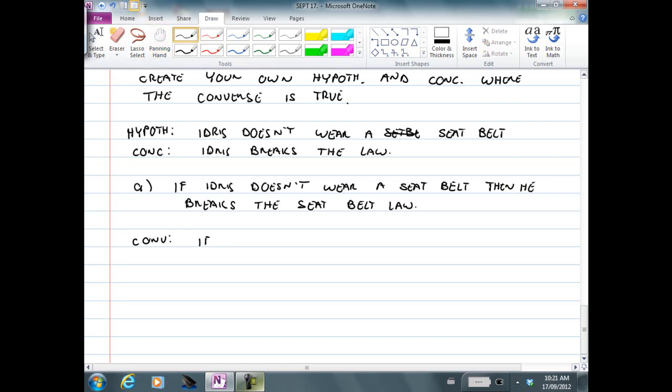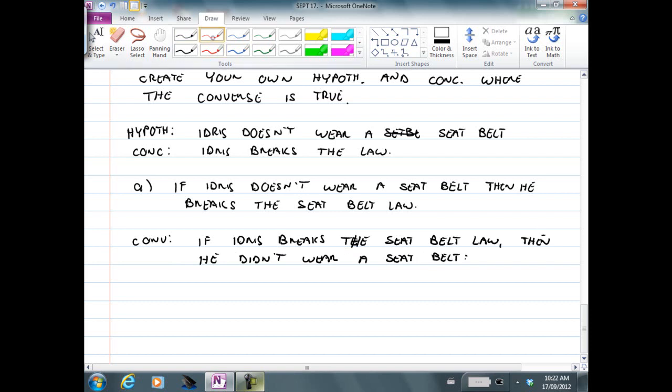Converse: if Idris breaks the seatbelt law, then he didn't wear a seatbelt. This statement is true. Okay. There's a special name for this. So this is going to be true.